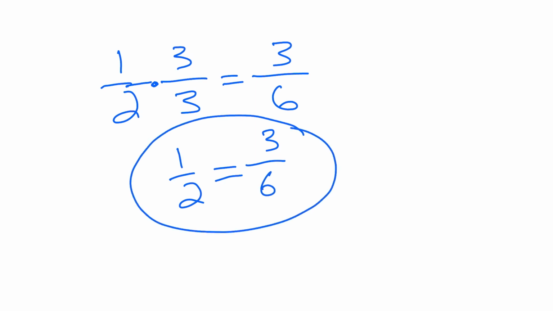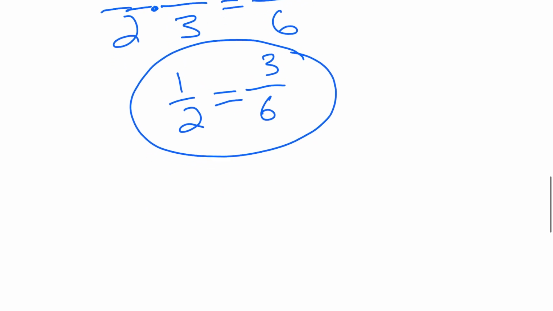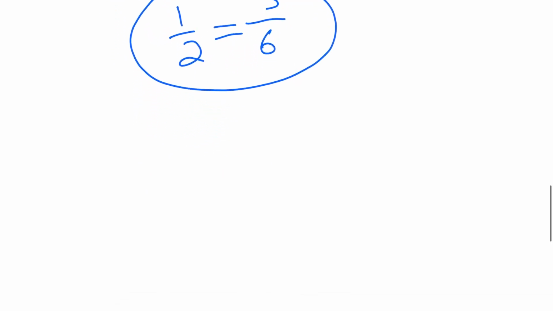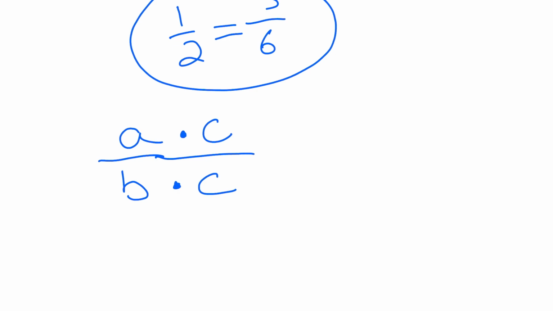In algebra, we would write it like this. If a and b are the numerator and denominator of a fraction, so a over b, I can multiply a and b by anything, and I have an equivalent fraction, as long as those things are the same. So a over b is the same as a times c over b times c. I know what you're thinking.